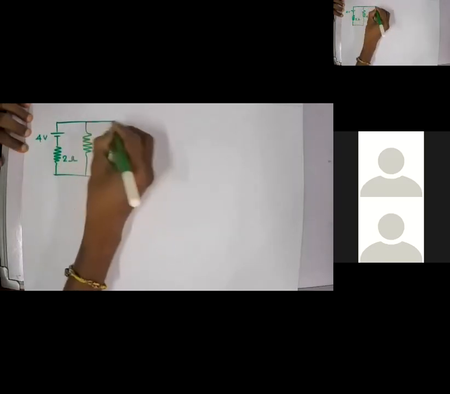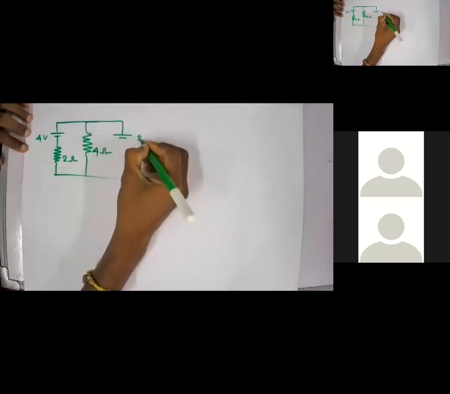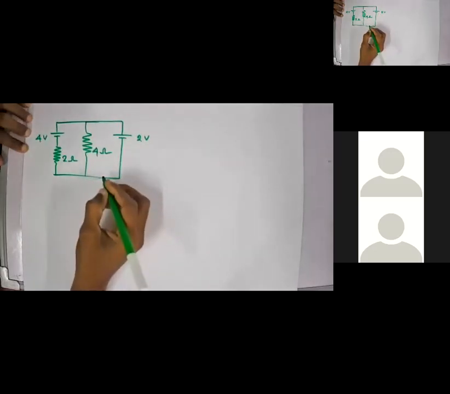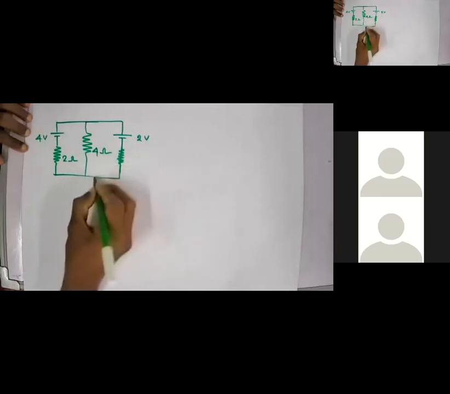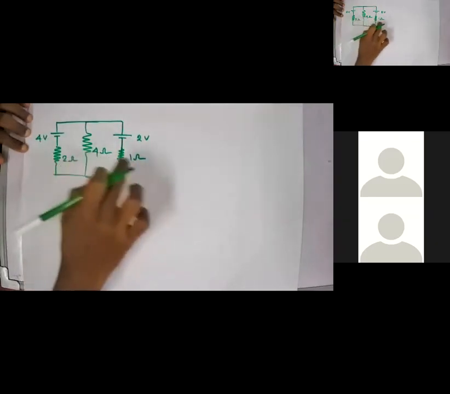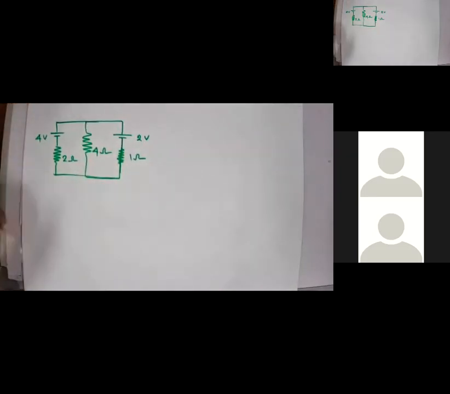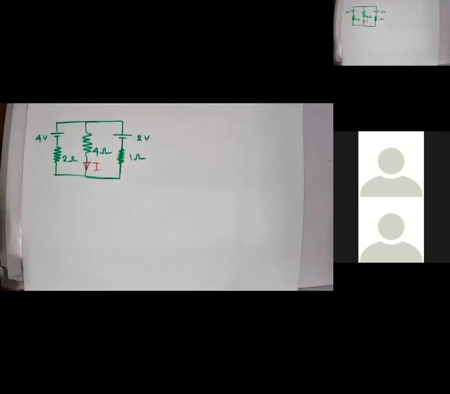The same circuit I gave you before. 2 volts, and a resistor here, which is 1 ohm. 2 ohm, 4 ohm, 1 ohm, 4 volts, 2 volts. Calculate the current I using the superposition theorem.